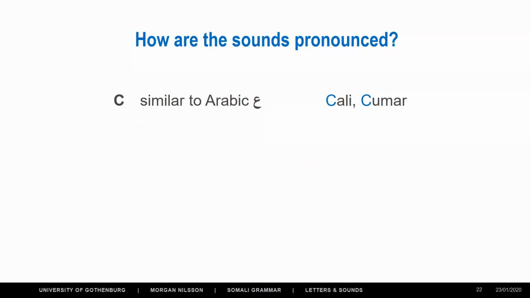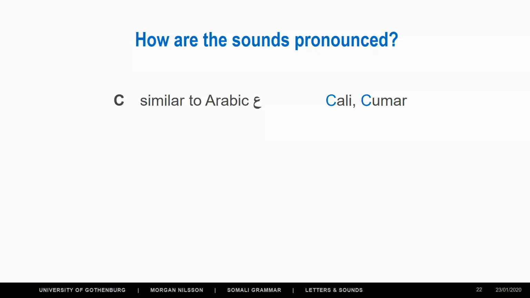And now we have 4 consonants left that need some kind of comment, and those 4 consonants have corresponding similar sounds in Arabic. So the Somali C is not at all pronounced like European C's in European languages.